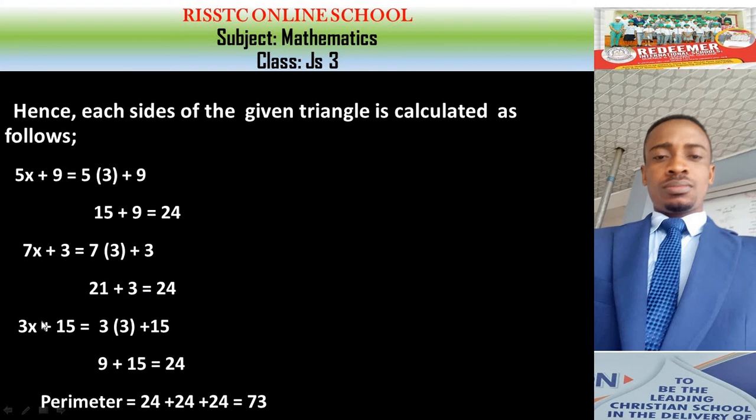The last side, 3x plus 15 equals, don't forget our x is 3, 3 into bracket 3 plus 15. 3 times 3, we have 9, plus 15, we have 24. Now, we can find the perimeter of that triangle by saying 24 plus 24 plus 24, we have 72, which is the final answer.